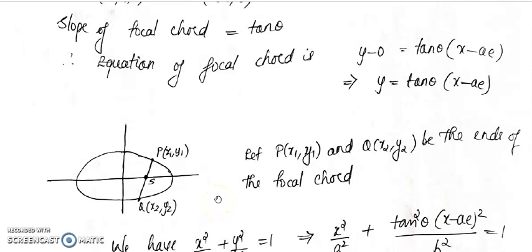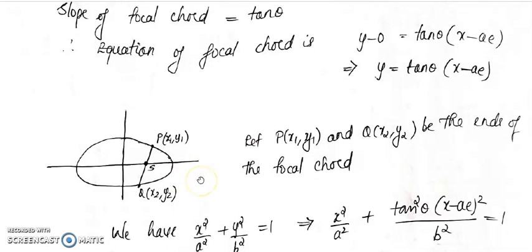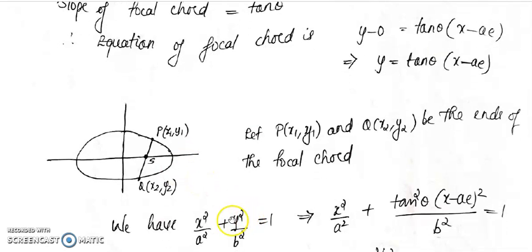And now x1, y1 and x2, y2 are points on the ellipse, and from the equation of the ellipse you have x square by a square plus y square by b square equal to 1. So we can replace y in terms of x from this equation. So this is the condition we get from the focal chord.